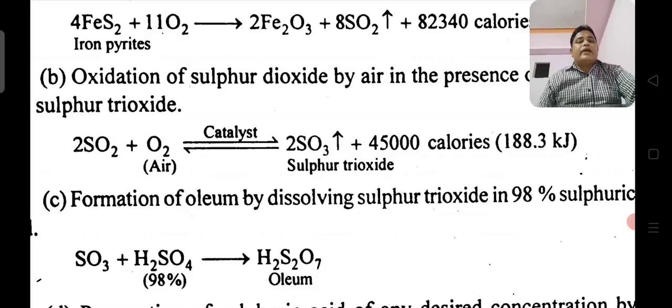698 to 723 Kelvin. Even at this temperature, the reaction is uneconomically slow, and therefore to enhance the reaction velocity, a suitable catalyst is used. Though low temperature favors the formation of sulfur trioxide, it slows the rate of reaction.